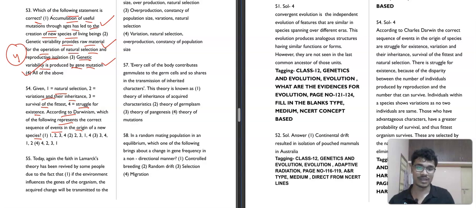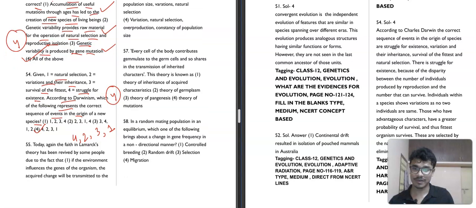First of all, for Darwin, it will be the struggle for existence. The fourth will be the first. Then the second one is variations and their inheritance. Then we have survival of the fittest, and lastly we have natural selection. Fourth option will be our correct answer.